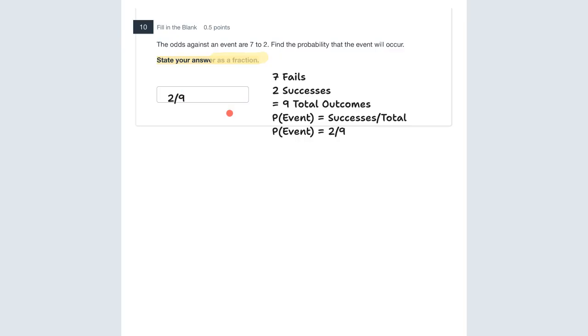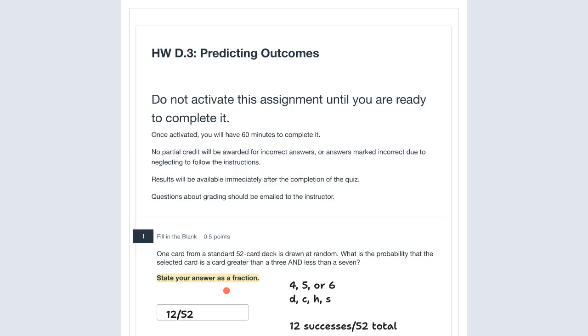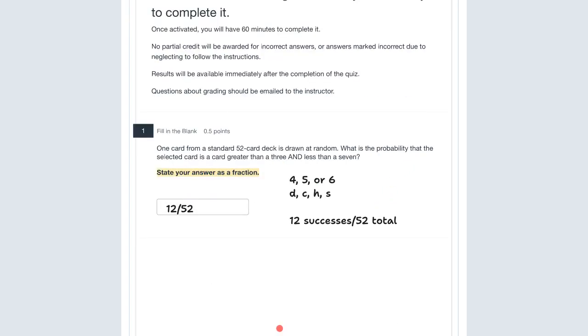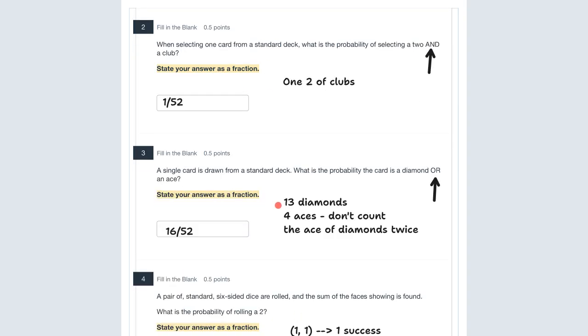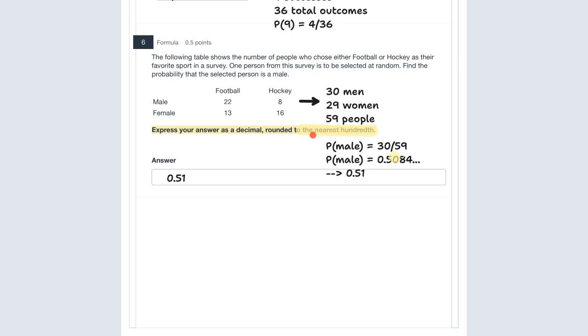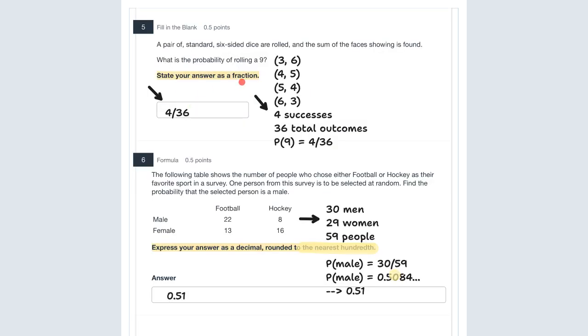So again, some of these answers are going to be decimals, some will be fractions, some will be ratios. We go through them all real quick again. Number 1 was state your answer as a fraction, right? Number 2, number 3, number 4, and number 5 were all fractions. 6 was a decimal rounded to the nearest hundredth.